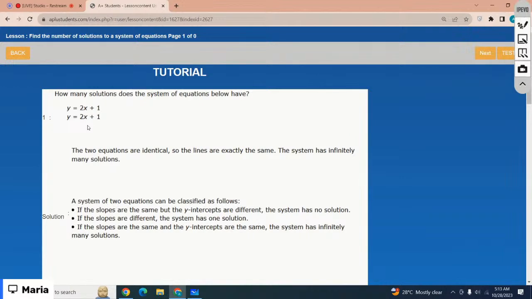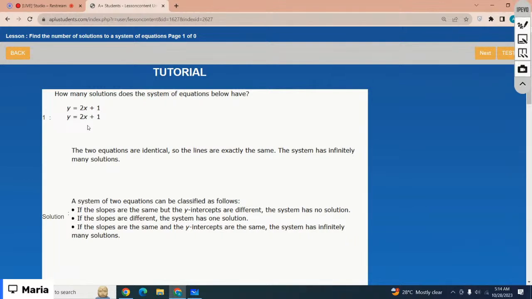So how do we see how many solutions? If two equations are given, and their slopes are same but the y-intercepts are different, that means the system has no solution, right? If the slopes are different, the system has one solution.